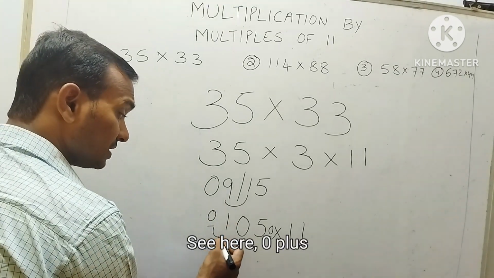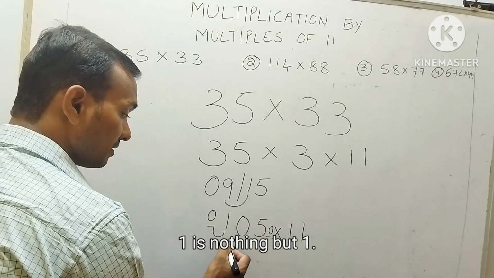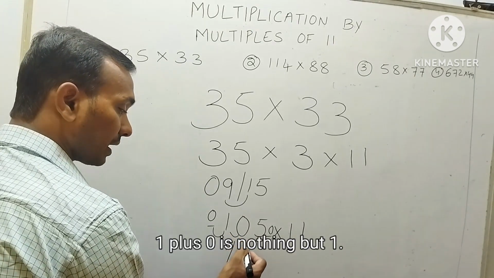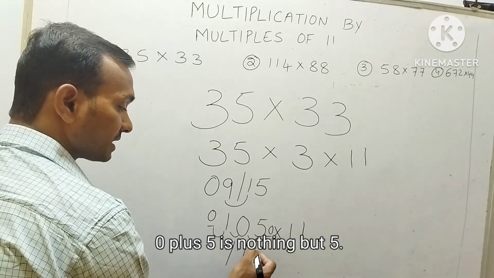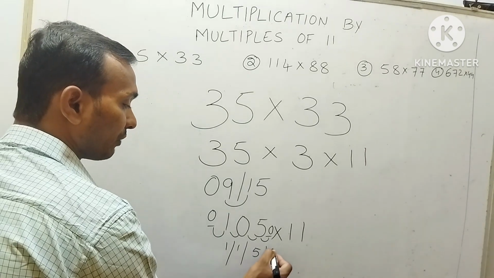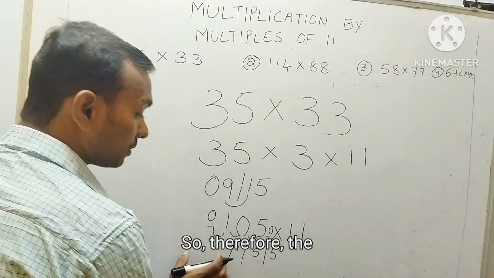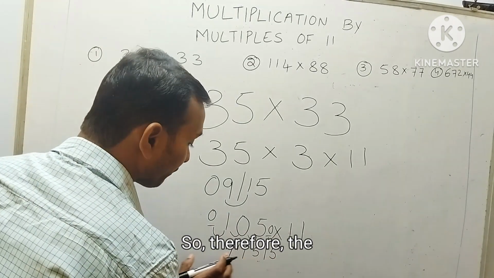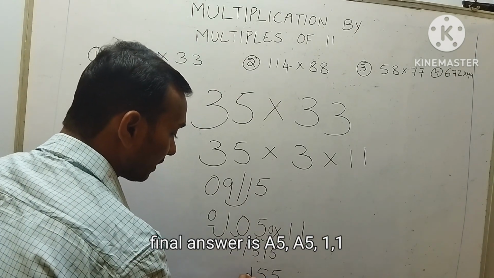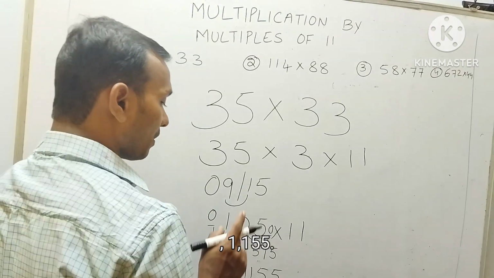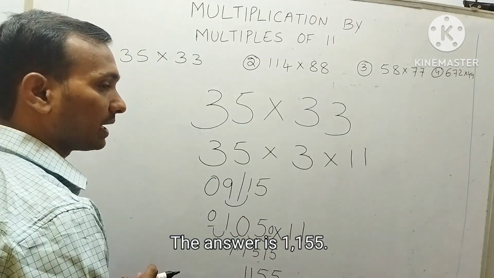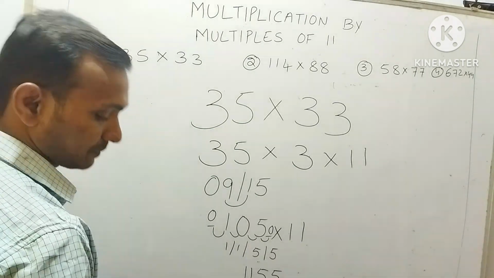See here, 0 plus 1 is nothing but 1. 1 plus 0 is nothing but 1. 0 plus 5 is nothing but 5. 5 plus 0 is nothing but 5 again. Therefore the final answer is 1155.